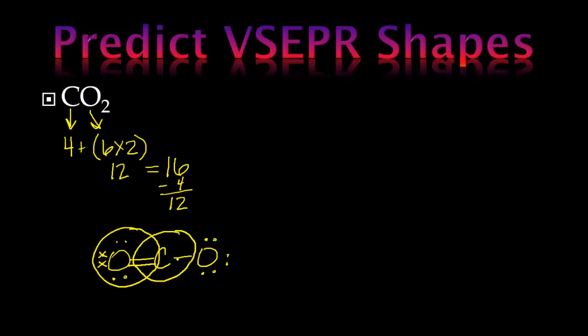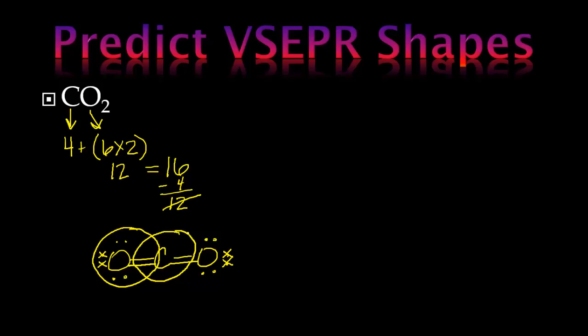And because both of these are CO, I'm going to try and keep it as equal as I can. So I'm going to take 2 from my other O, and I'm going to have 2 double bonds. Now carbon does have 2, 4, 6, 8, and it has its octet, and we still have 2, 4, 6, 8 for the oxygen. So now everything is happy. I've used up all 12 of my electrons.